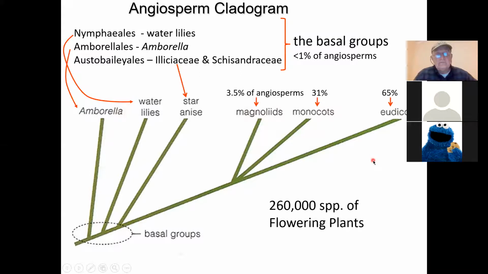But this is a classification system, or cladogram branching system. Clade means branch, for the angiosperms, with the basal groups and the magnoliids considered primitive dicots, whereas these are higher evolved dicots, and the monocots are separate. They're a smaller group, 31%. And there's only a few of these left. That's because most of the rest of them are extinct.